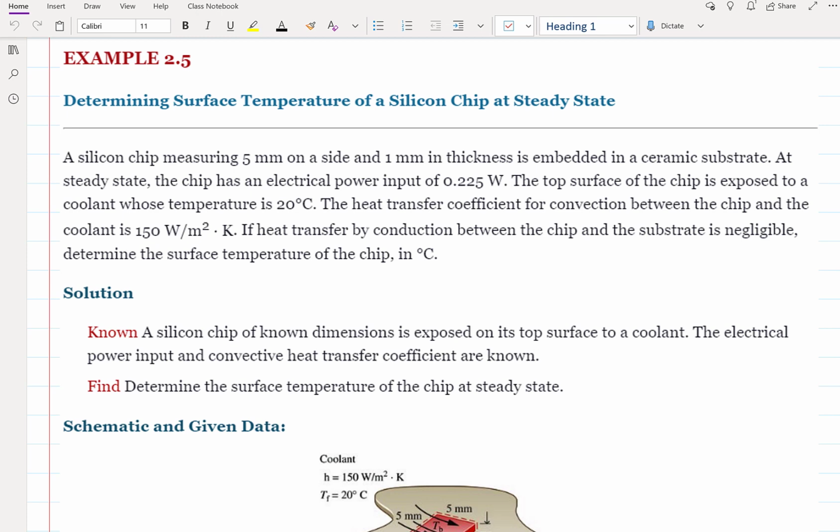The top surface of the chip is exposed to a coolant whose temperature is 20 degrees Celsius. The heat transfer coefficient for convection between the chip and the coolant is 150 watt per meter squared per Kelvin. If the heat transfer by conduction between the chip and the substrate is negligible, or we can say the bottom surface of the chip is insulated, determine the surface temperature of the chip in degrees Celsius.